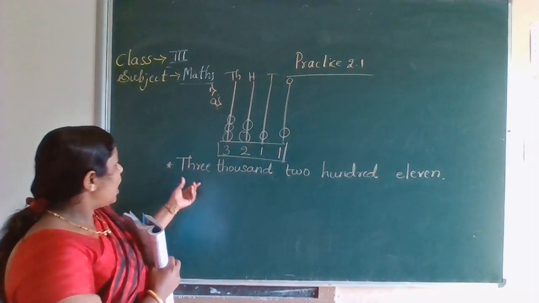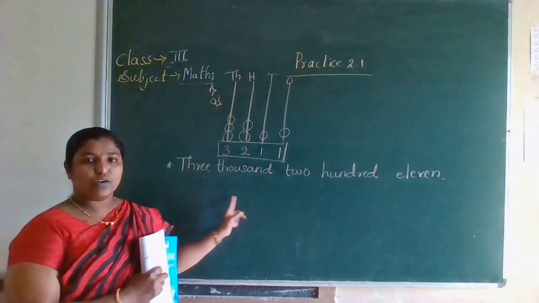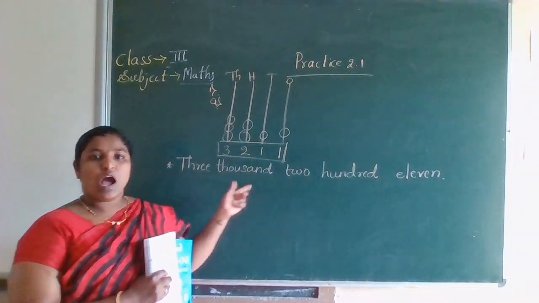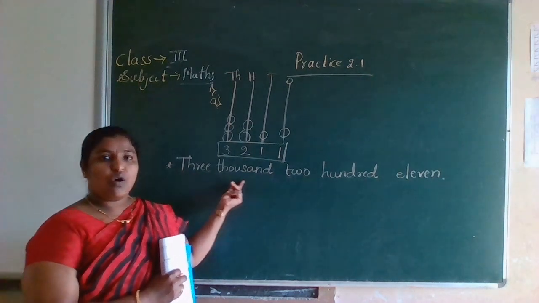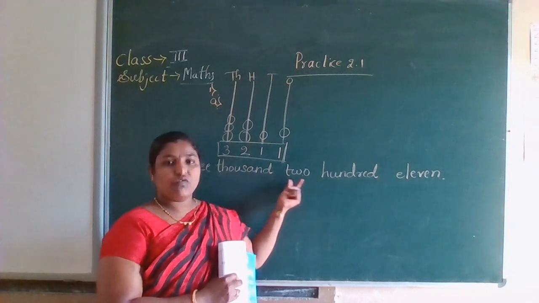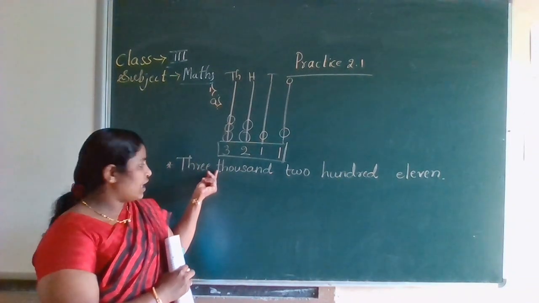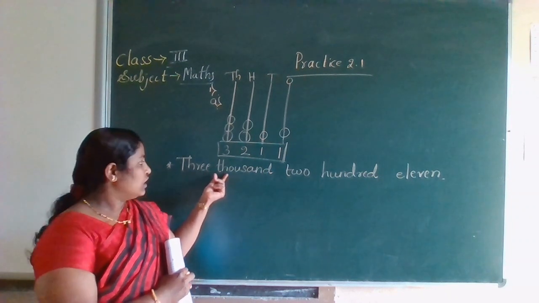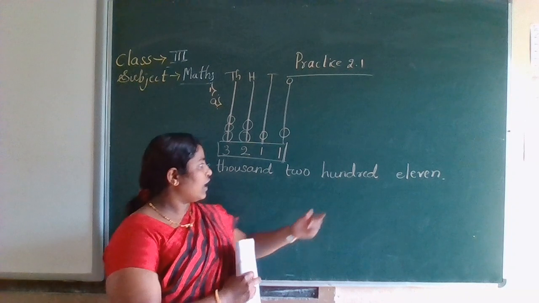See how to write the number name. How you will read the number, like that you should write in words. First letter should be capital, remaining all should be small, and there should be some space between word to word. See here, after 3 I left some space. Then 1000, some space. Then 211.